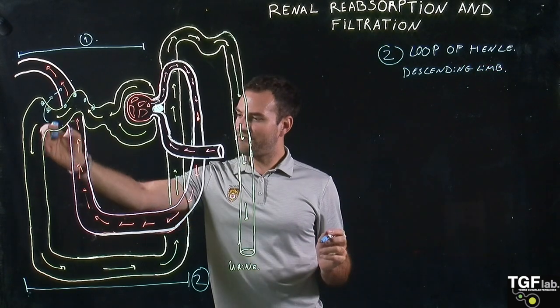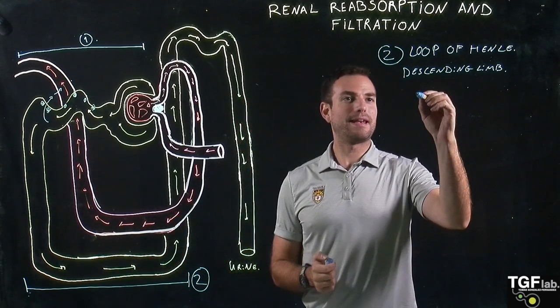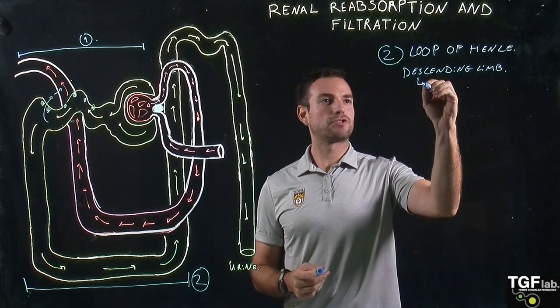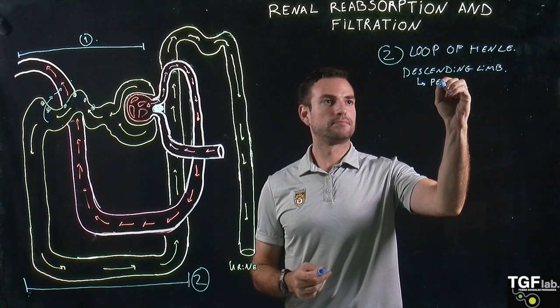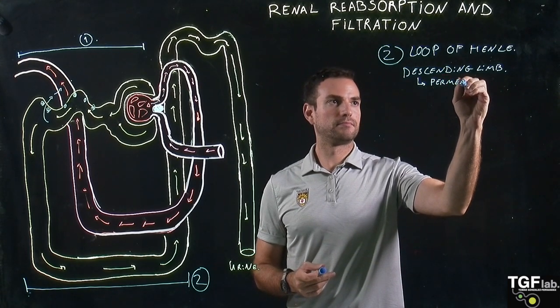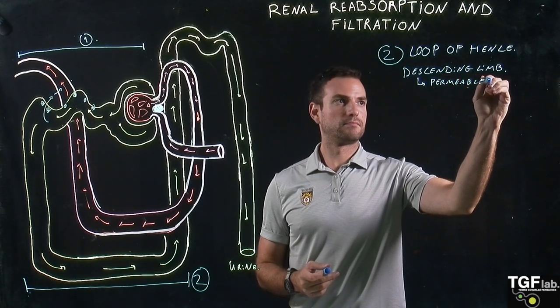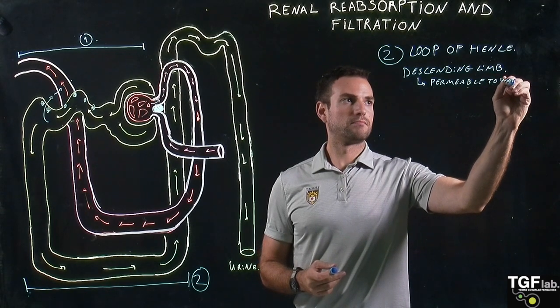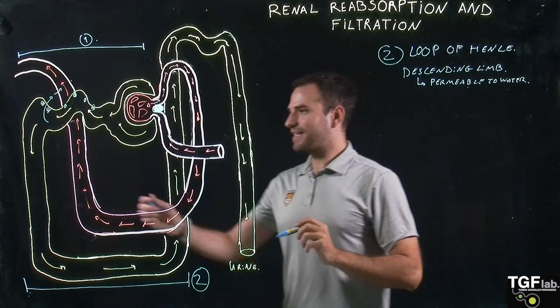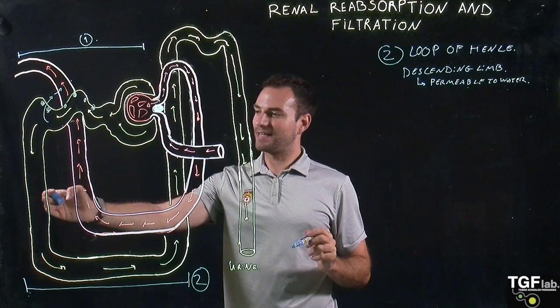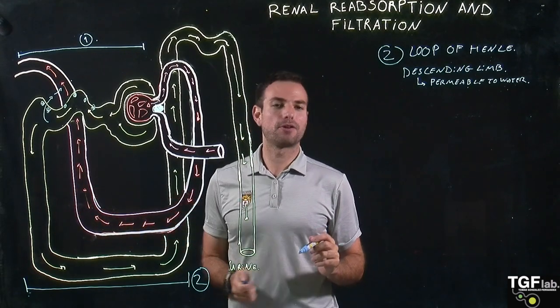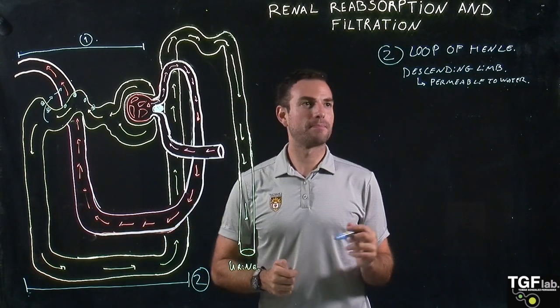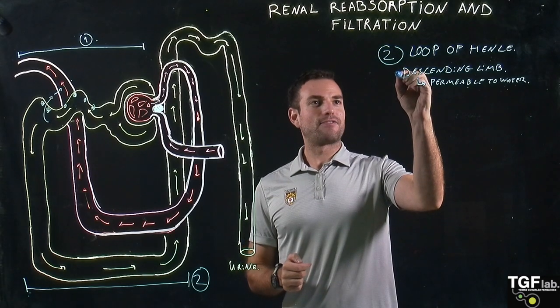And a very important factor of this descending limb is that it's only permeable to water. So this means that only water can leave the descending limb back into the bloodstream and be reabsorbed in the bloodstream. So this is the first structure.